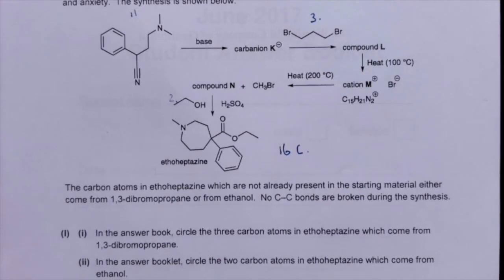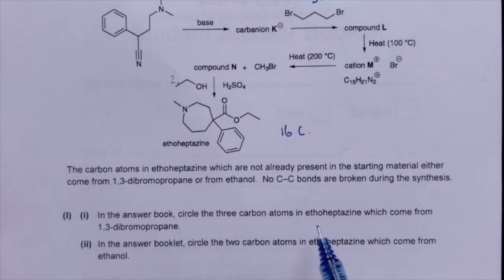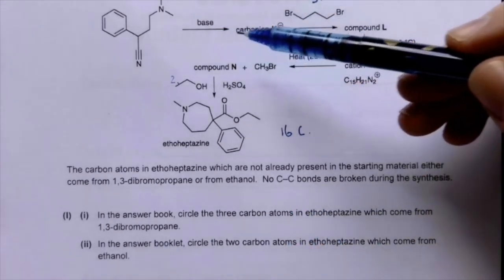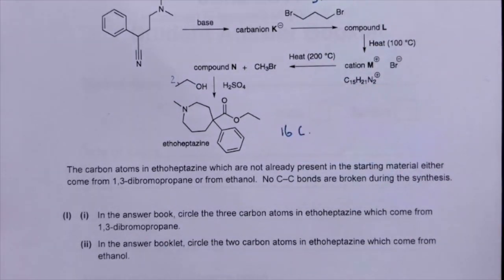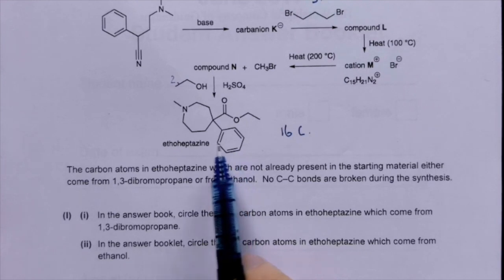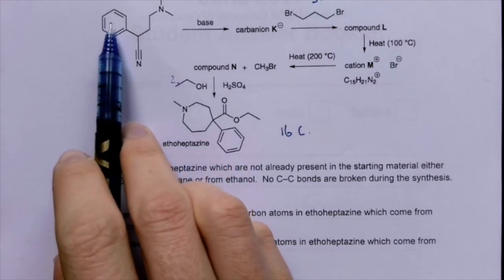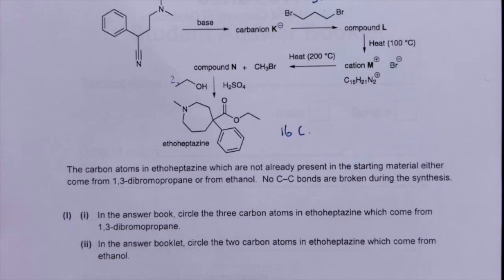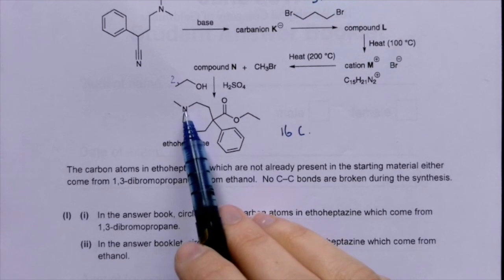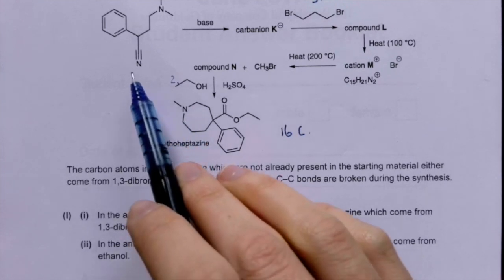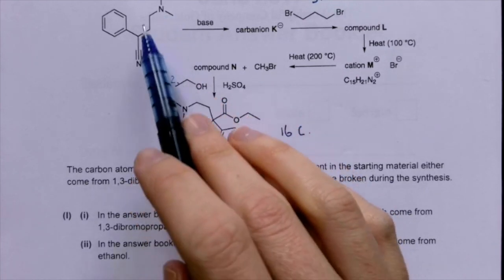Now, in the answer book, circle the 3 carbon atoms in ethoheptazine which come from 1,3-dibromopropane. You don't need to know what's happening at each stage in order to know which 3 carbon atoms are from dibromopropane. This benzene ring must be this benzene ring here. From that, you should be able to work out this nitrogen atom is going to be one of these two.